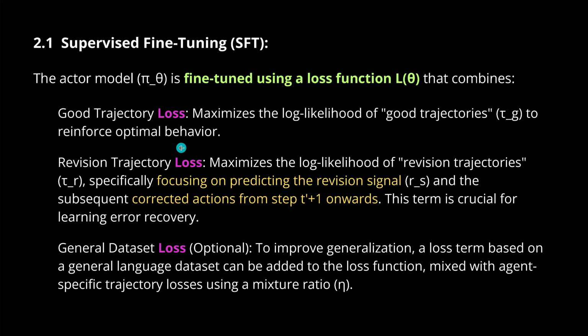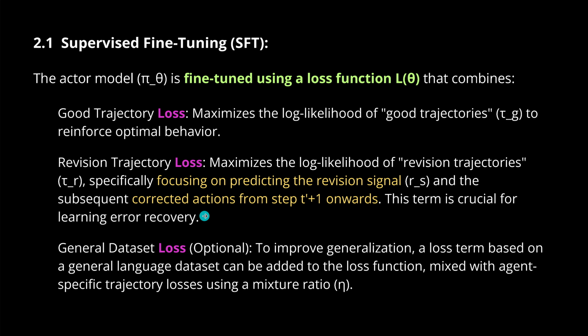Then we have the revision trajectory loss, maximizes here the log likelihood of the revision trajectories, tau, specifically focus on the predicting the revision signal and the subsequent corrected action from the step t+1 onwards. And this is here the crucial term for the learning, the error recovery phase.